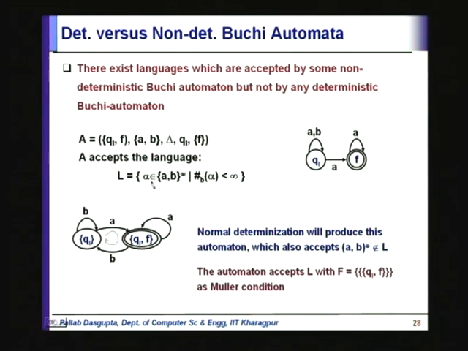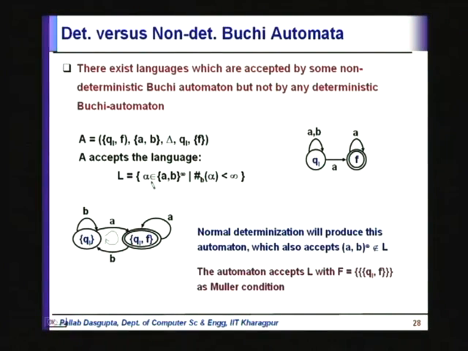So, what is the crux of this whole story? The crux is that we know a method for translating from LTL to Büchi automata. Then when we want to determinize the Büchi automaton, we see that every non-deterministic Büchi automaton does not have an equivalent deterministic Büchi automaton. So there are languages which are accepted by non-deterministic Büchi automata, but not accepted by any deterministic Büchi automaton, right.